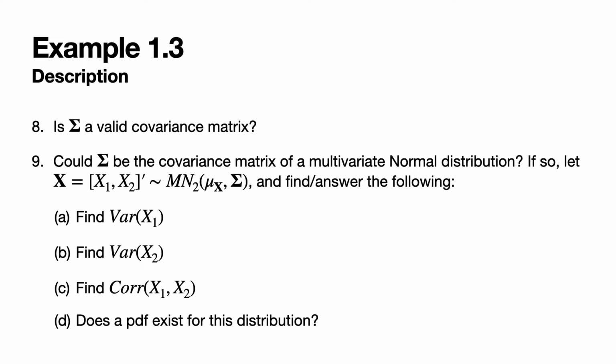We'll find the variance of x1, the variance of x2, we'll calculate the correlation of x1 and x2, and then we'll answer the question, does a PDF exist for this distribution? So let's take a look at the solution for this set of problems.